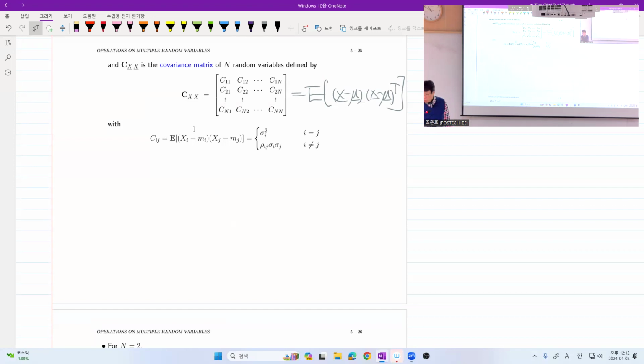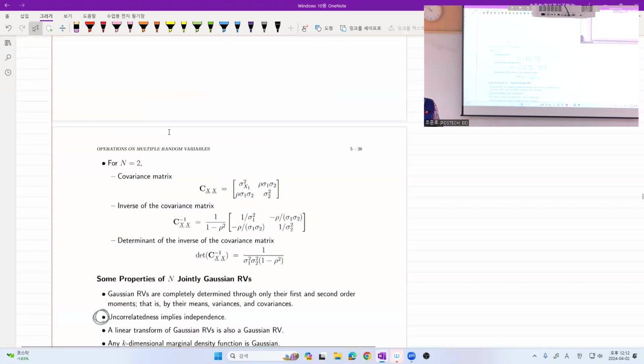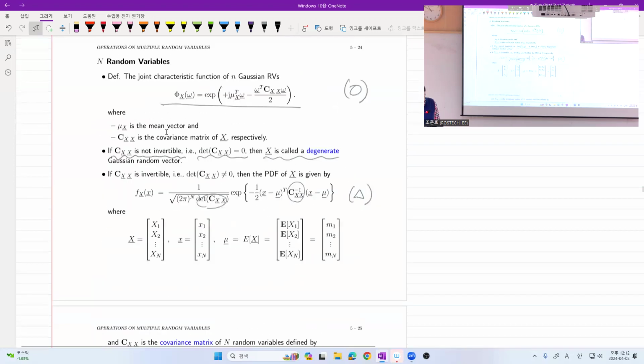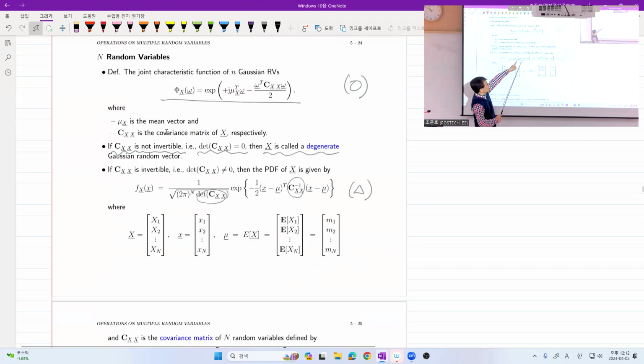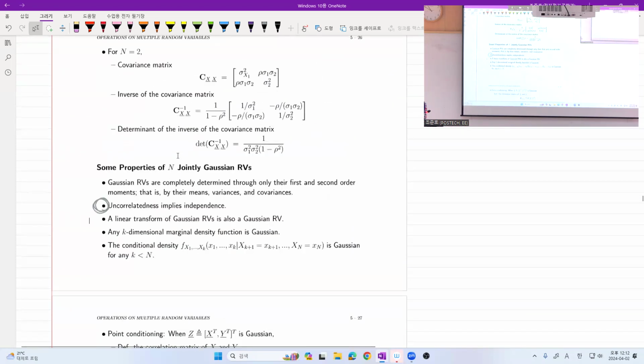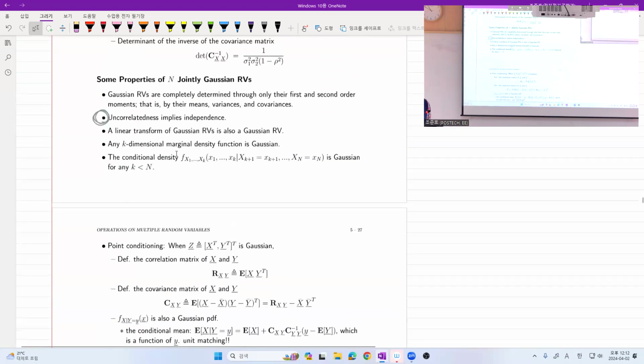Let's take a look at that. What is the determinant in that case? The product of the diagonal entries. What is the inverse? The inverse of the diagonal entries. Then your quadratic form can be factored into individual density functions. So your joint density factors into marginal densities. That's why here you have the interesting result.